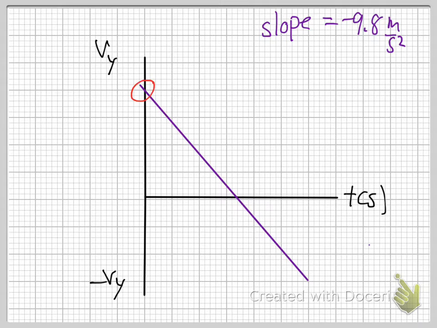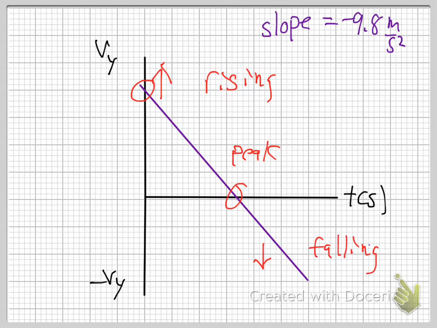This is when it's moving up. This is at the peak. And on the bottom part, it means it's heading down, so rising and falling. Okay, so the acceleration graph is just flat, horizontal.